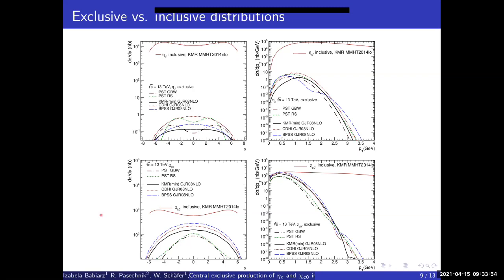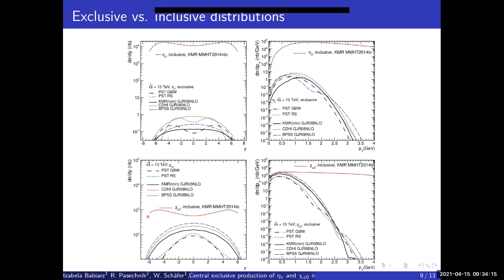But for chi-C0, you can see that the difference between inclusive and exclusive is not so dramatic. But you have to know that in these results, there are still no absorptive corrections.